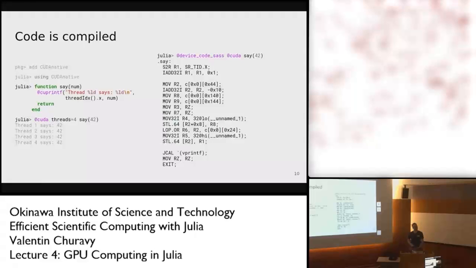It's shader assembly, and then I don't know what the double S stands for. I think it's shader assembly. If you want to learn more about how this works, there is a paper from 2017 that describes the entire compiler stack. That is up to your liking.